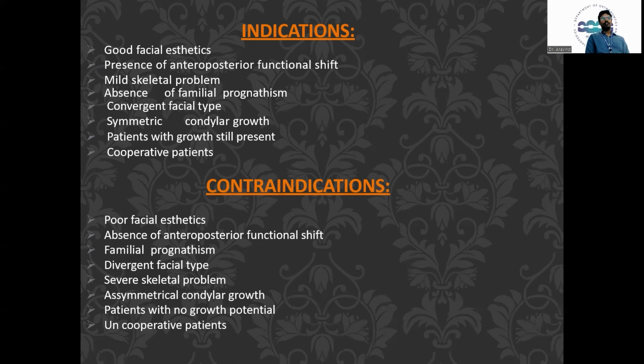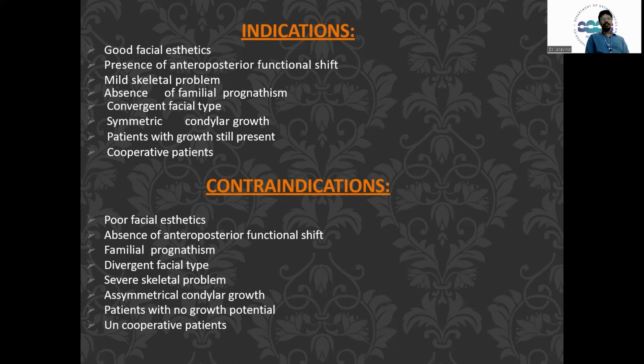And finally, the patient must be cooperative. If the patient is uncooperative, it will be difficult for us to intercept the class 3 malocclusion by any myofunctional appliances, or by using chin cup or face mask therapy.